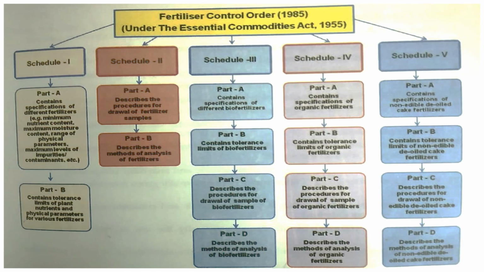Schedule 3 basically deals with the production, withdrawal and analysis of biofertilizer, Schedule 4 consists of organic fertilizer, and Schedule 5 consists of oil cake fertilizer. So we have five schedules under the Fertilizer Control Order that specify different things.